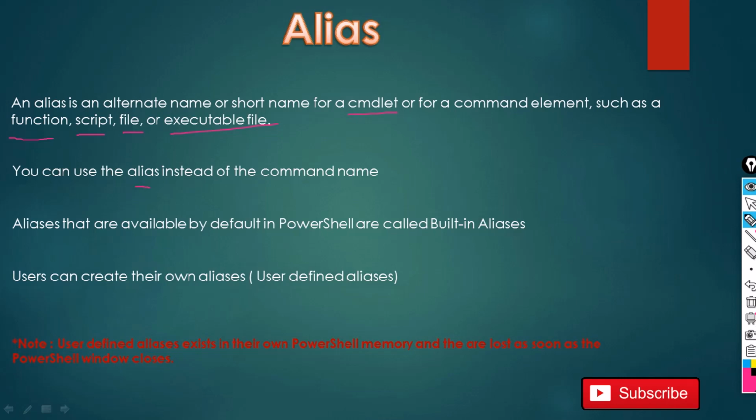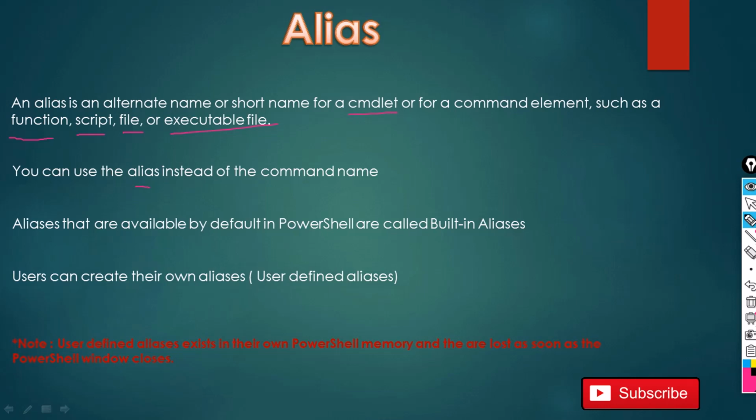Technically the alias is executing that command in the background and getting the information for you, but it simplifies things in the foreground and saves you from typing the complete command. Obviously tab completion on your keyboard is there, but if you still don't want to use it and want to create shortcuts, yes, you can go with an alias.